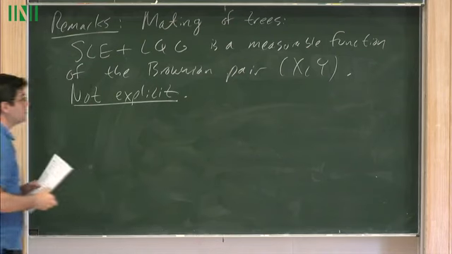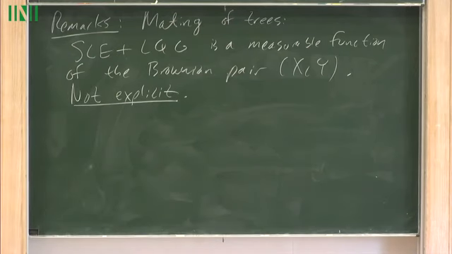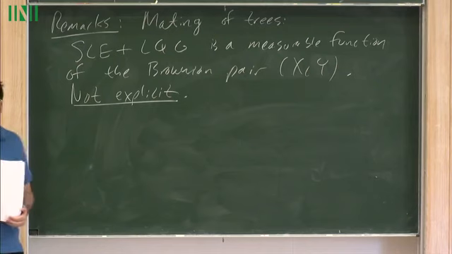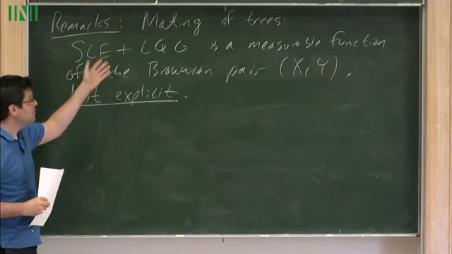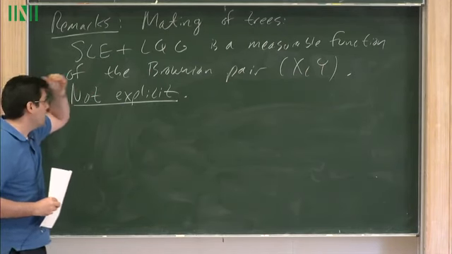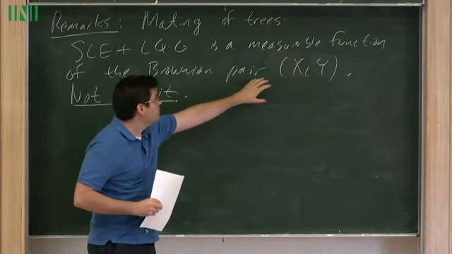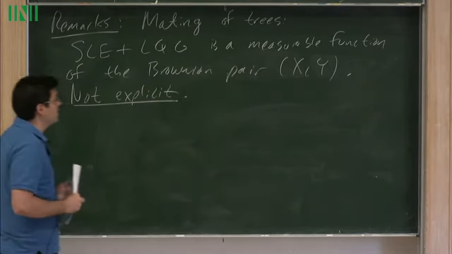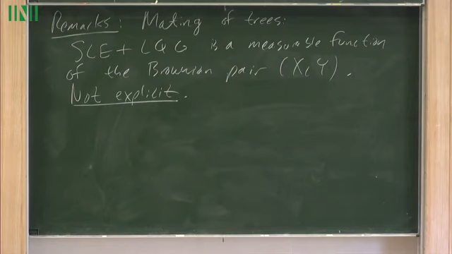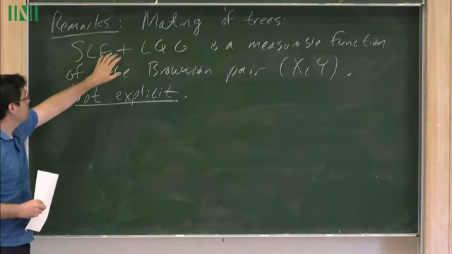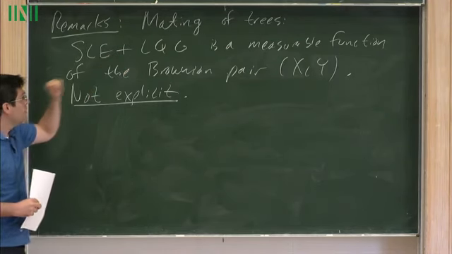And this is something which is, again, very common in these constructions where you look at things like SLE on top of the Gaussian free field, and you want to show that something is a measurable function of the Gaussian free field. So usually when this is proved, you never exhibit exactly what the function is. And in the mating of trees, there's an example of this where we want to show that the Brownian motion, which encodes the space-filling SLE on top of the Liouville quantum gravity, actually can produce these two things in a measurable way.